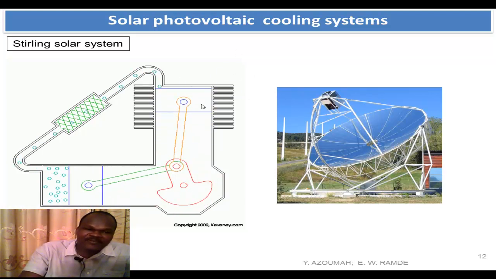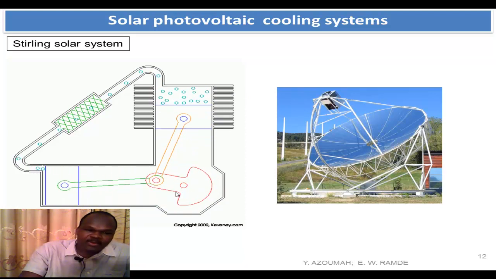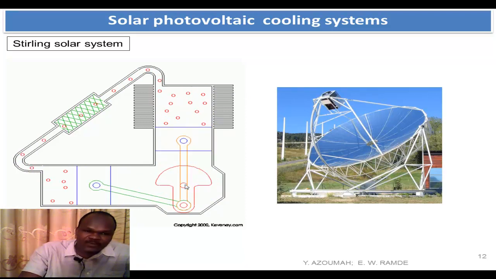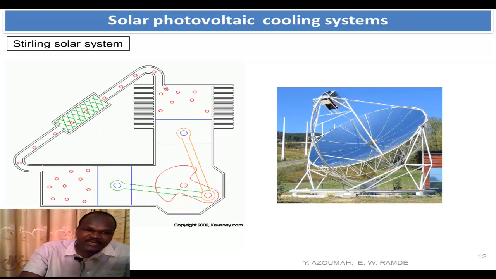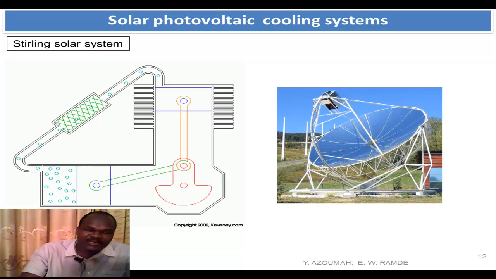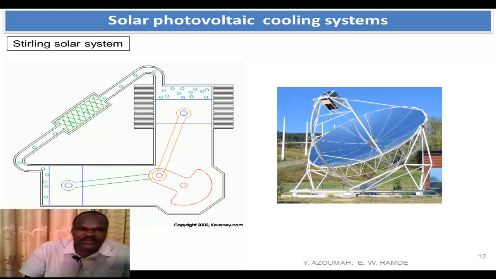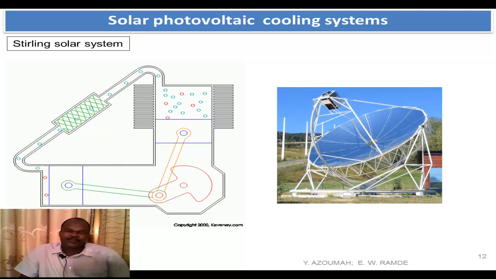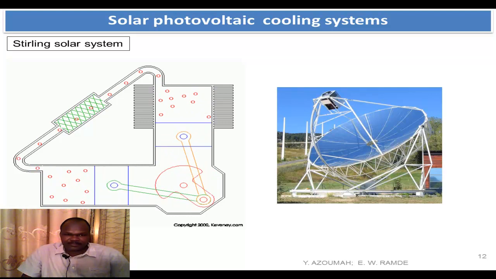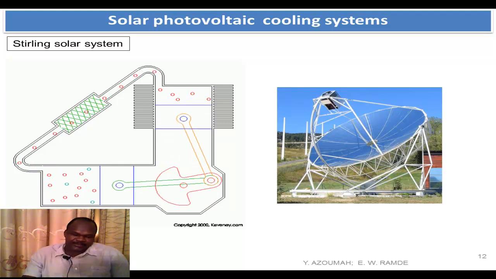So when you reverse it, by rather providing the mechanical work through a solar PV, you get the reverse. Heat is being taken from the cold side and sent to the hot side. And you've created a solar PV Stirling system. Good.